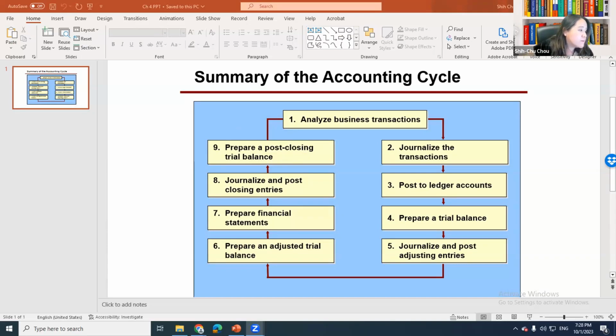So there's one more exercise that I'm going to walk you through, which is the exercise we have in chapter 4, the last page of notes for chapter 4. Here they give us an adjusted trial balance. So let me share my screen with you.